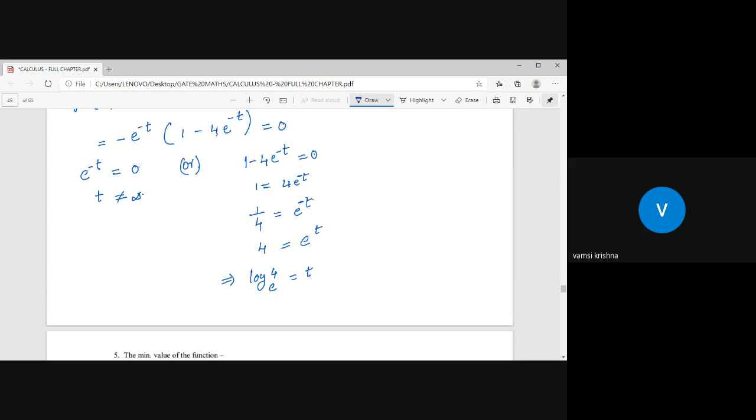We got t equals logarithm of 4. So log 4 to the base e is the maxima. Log 4 to the base e, at t equals this value, is the maxima. Okay, fine.